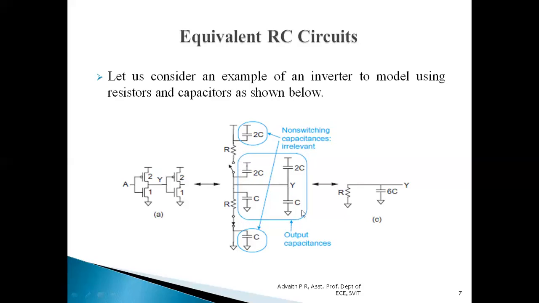So these capacitors are our area of interest here. Hence, the output capacitance is a summation of these four capacitances, 2C plus 2C plus C plus C, which amounts to 6C. So this is how we model a simple inverter in its equivalent resistance and capacitance circuit form.